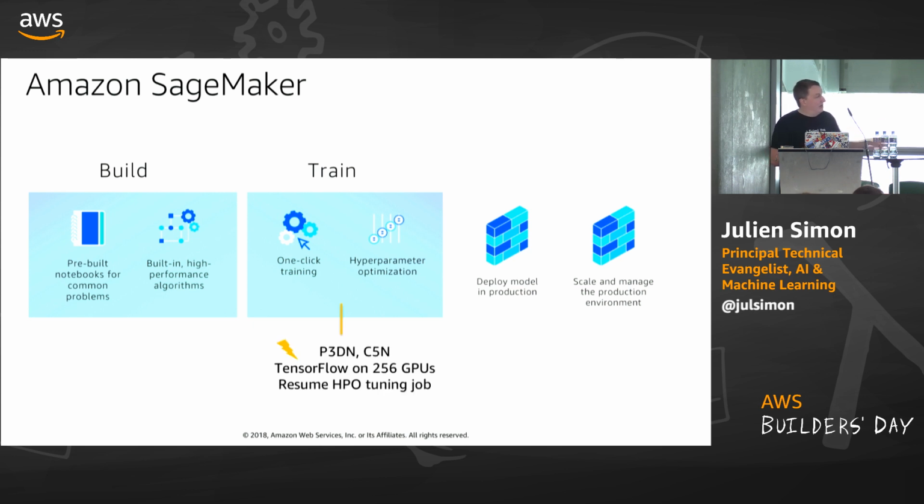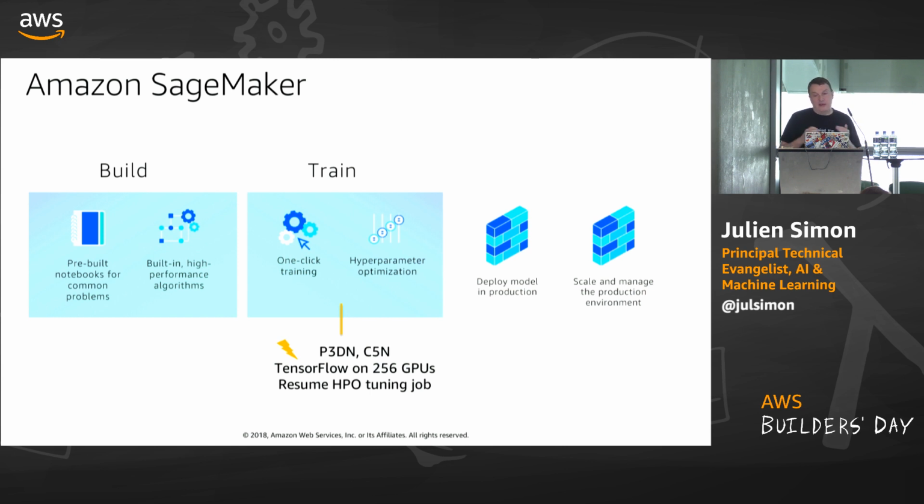And we added a few things. So I mentioned this morning the new P3DN instance family. So even more powerful, still based on the NVIDIA V100, supporting 100 gigabit networking for faster training. C5N, again, more CPU based. 100 gigabit networking for the bigger ones.